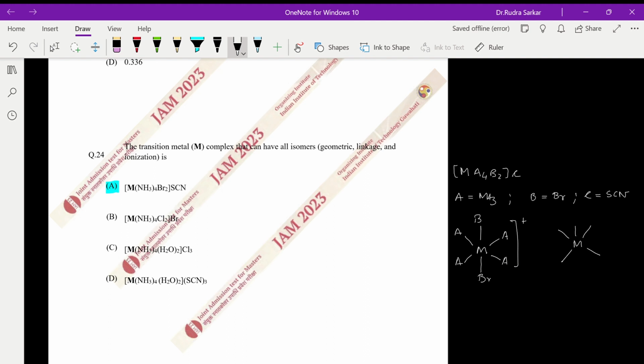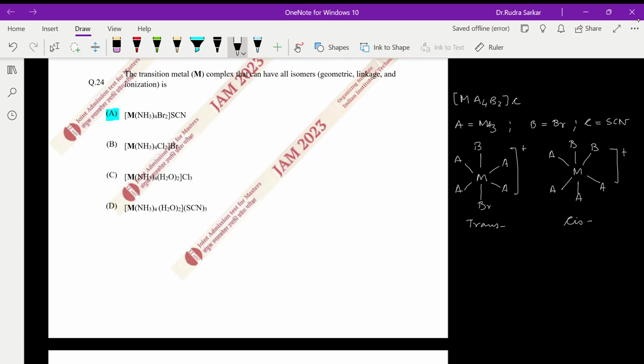So this is trans, and we are expecting the cis to look something like this. Okay, that should be cis.